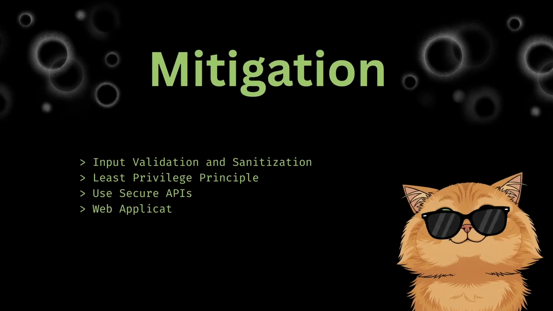So let's start with understanding the mitigation steps. Talking about mitigation, the first point is input validation and sanitization, correct? You should always validate user input, like using a white list of allowed characters or patterns.